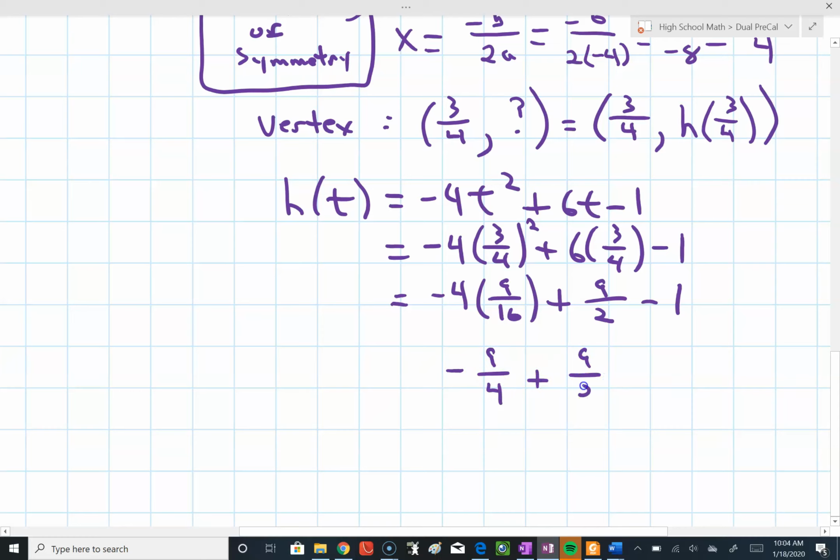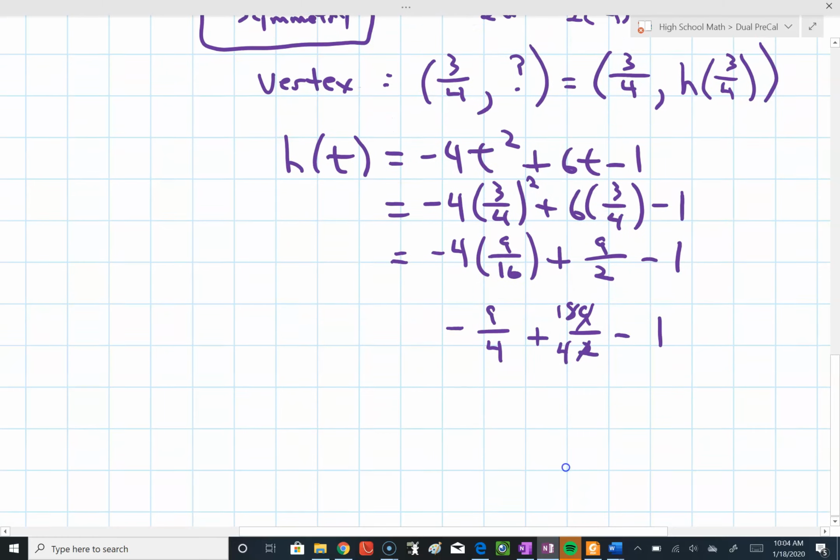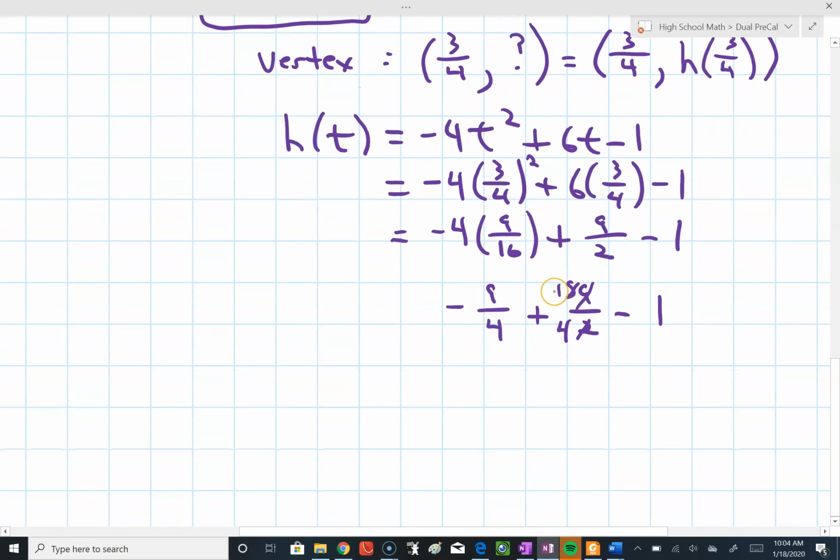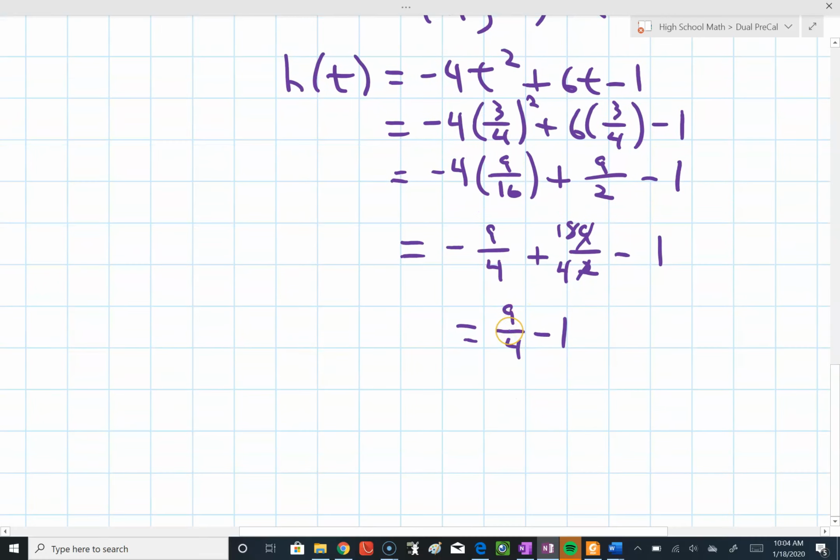plus 9/2 minus 1. If I wanted to add these fractions, I need a common denominator. It would be 4, so that would double both of these, would leave 18/4. -9/4 and 18/4 would be a positive 9/4. Subtract 1. 9/4 would be 2.25, minus 1 would be 1.25.